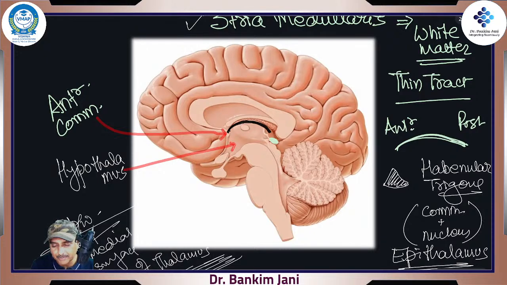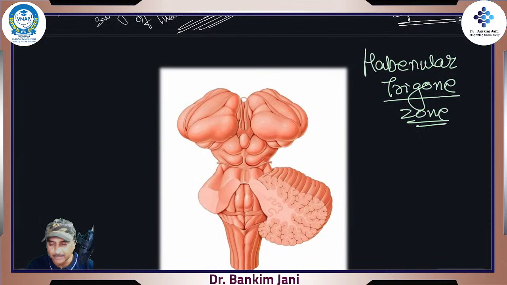And above the pineal gland was the habenular commissure. Here is the pineal gland, and you must have known this is the habenular trigone, right? So here it is, and this will have nuclei and commissure both, right?